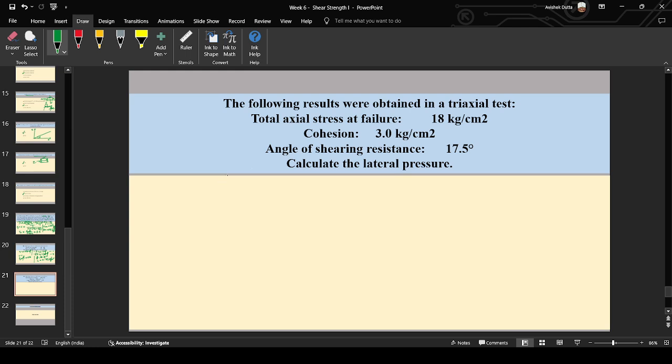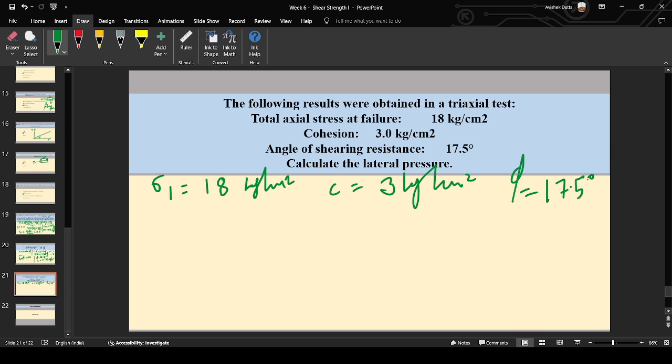At first, total axial stress at failure is σ1, σ1 equals 18 kg per cm². Then cohesion equals 3 kg per cm², and then φ equals 17.5 degrees. Calculate the lateral pressure, that is σ3.